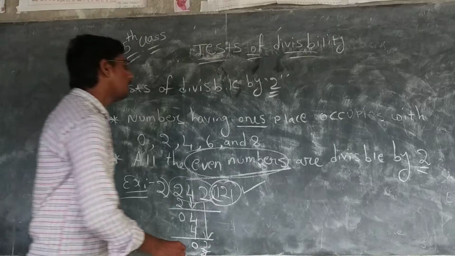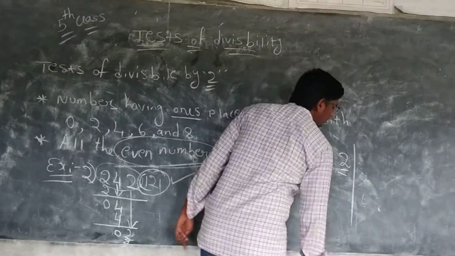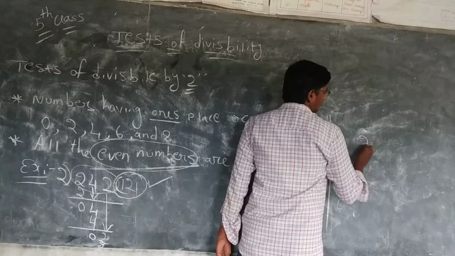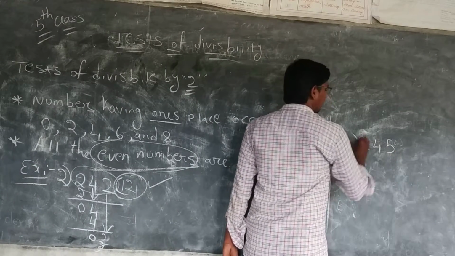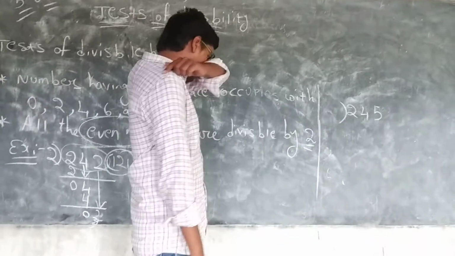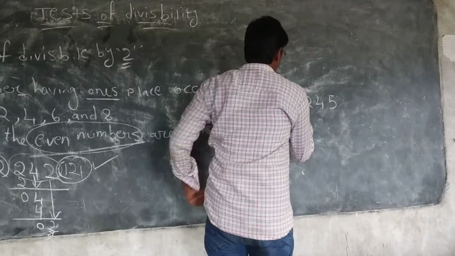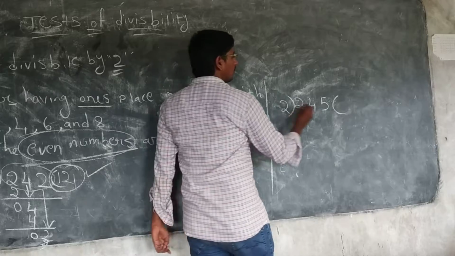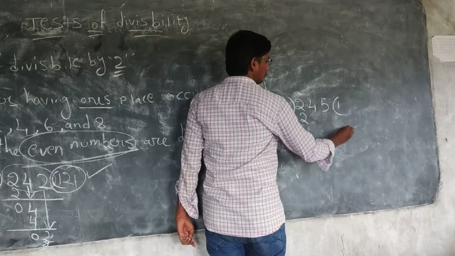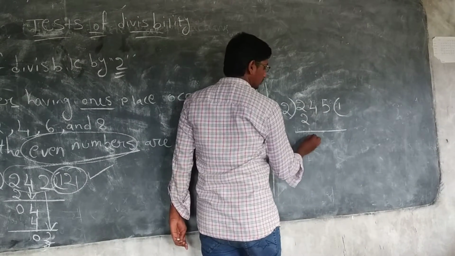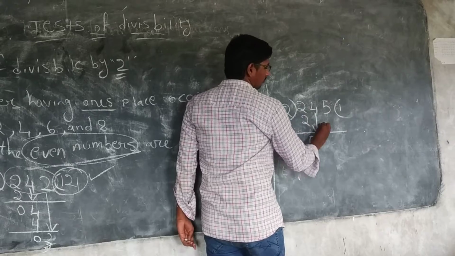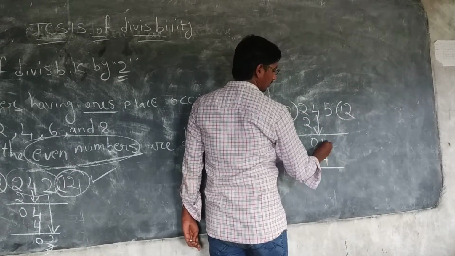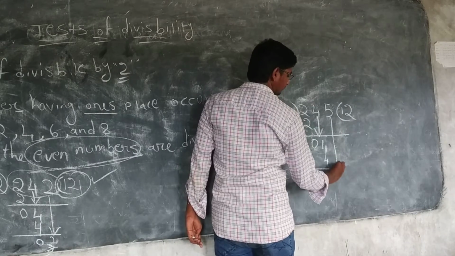What is not an even number? How can you say it is not an even number? Take 245. Let us divide with 2. 2 ones are 2, 2 minus 2 is 0. Next, 4: 2 twos are 4, 4 minus 4 is 0.